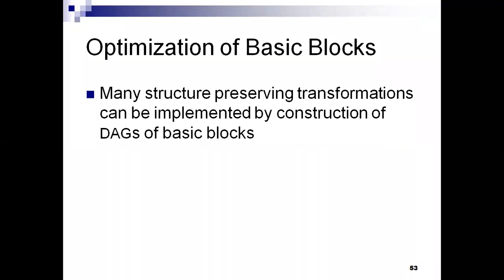We have another terminology, define and use. Here we have a three address statement, for example, A is equal to B plus C. In this statement we have three variables. Which variables are we using and which are we defining?